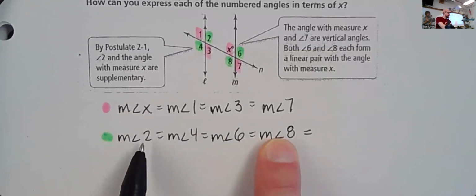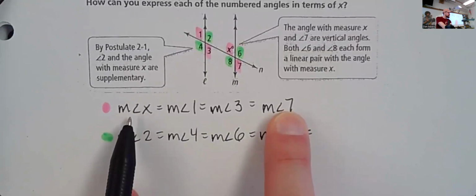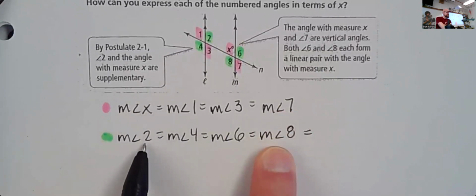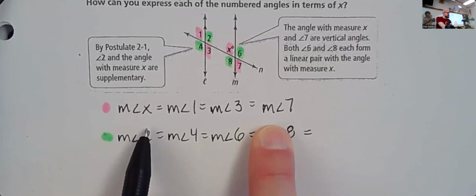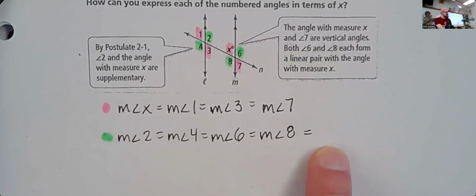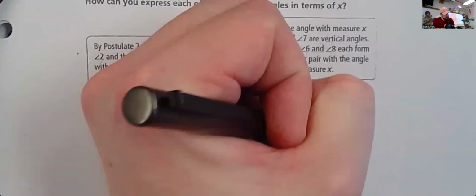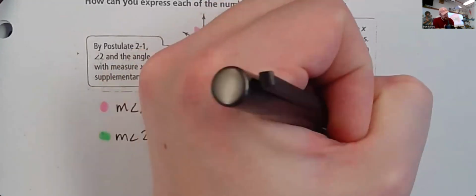They will always add up to 180. So 4 of them will be one degree. 4 of them will be whatever's supplementary to that degree, no matter what. So what do you do to get 100 if you know that this one's 80? Subtract. Yeah. So that means that these angles, if we don't know what x is, would be 180 minus x.